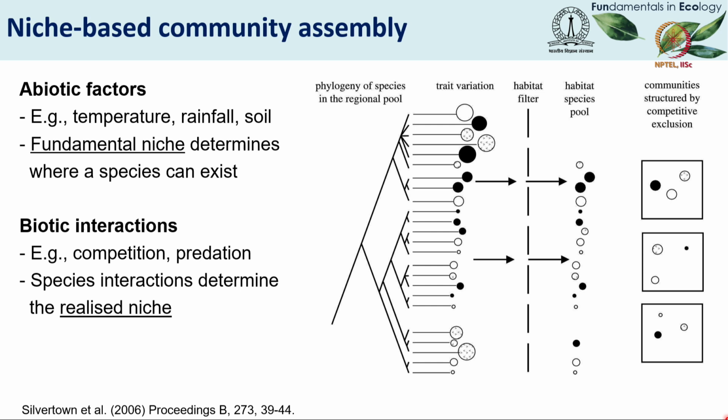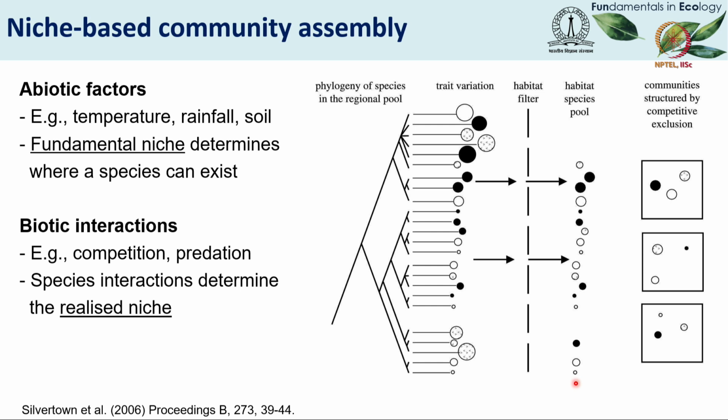So the size of these dots represents temperature tolerance, and temperature tolerance is part of the fundamental niche of the species. It interacts with the habitat filter to allow some species to pass through the habitat filter. And now you've got color or pattern that represents some other trait of these species.